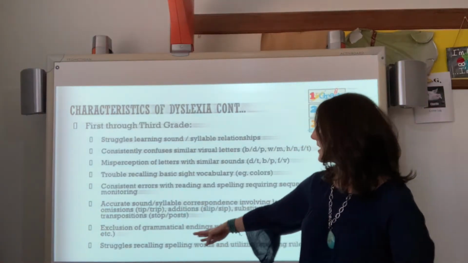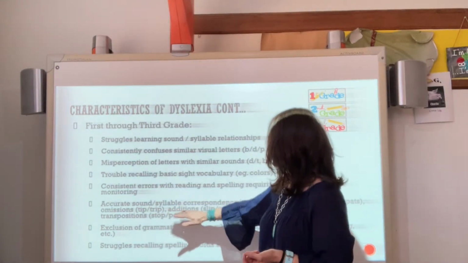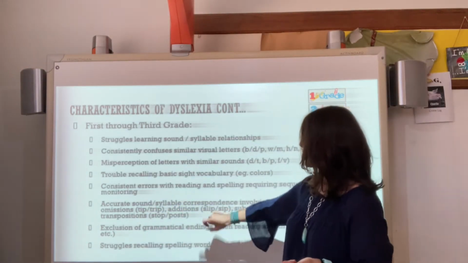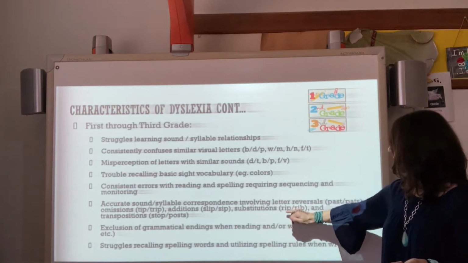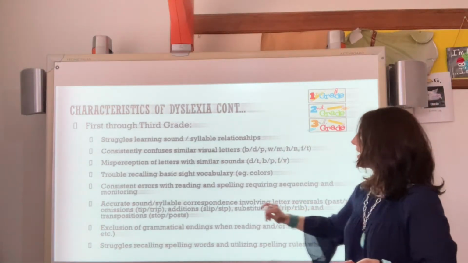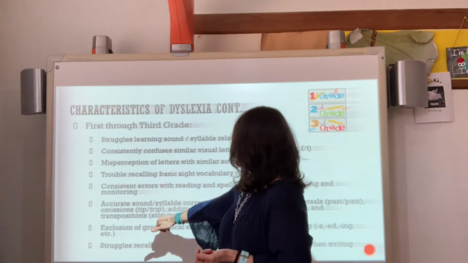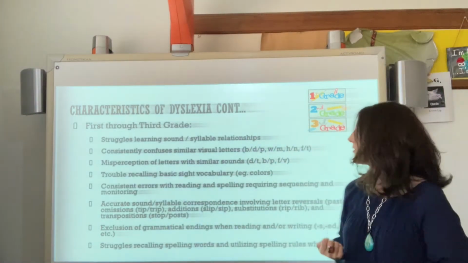Omissions: tip, trip, so they left out the R. Additions: slip, sip, so they added in the L. Substitutions: rip, rib, so they substituted a B for the P. And transpositions: stop, post, so they just kind of reversed the whole word.